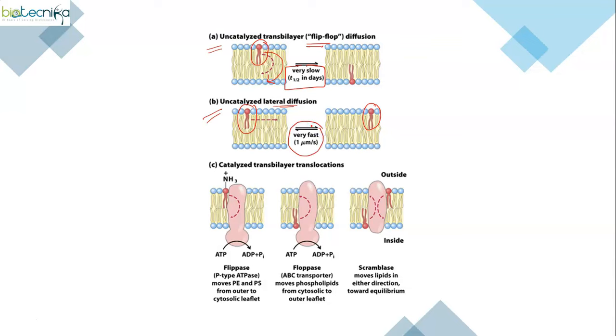Now, which one is the fastest? If it is being catalyzed by certain enzymes, for example, flippases, floppases and scramblases. These are the three major transporter enzymes that are responsible for translocating the phospholipids from one leaflet to the other.